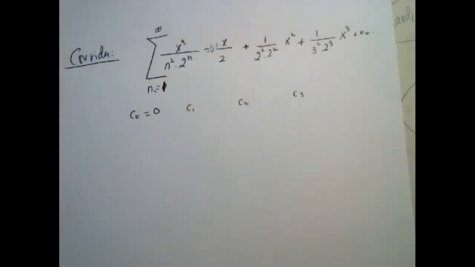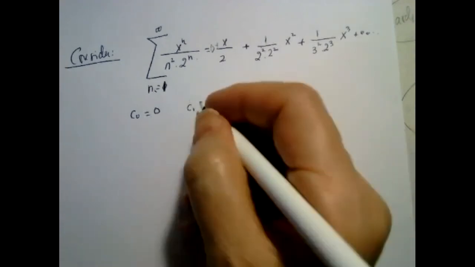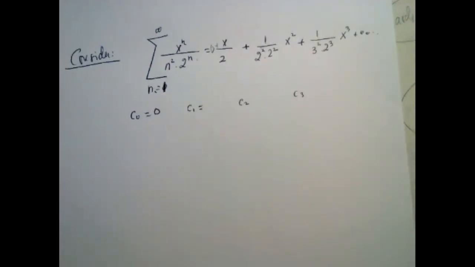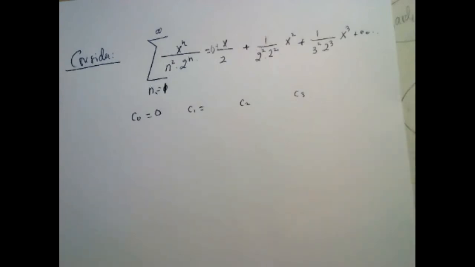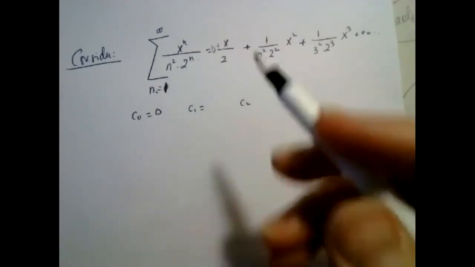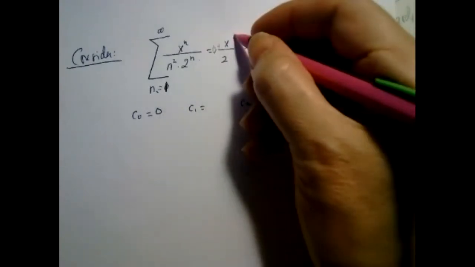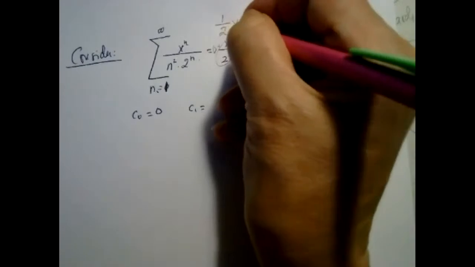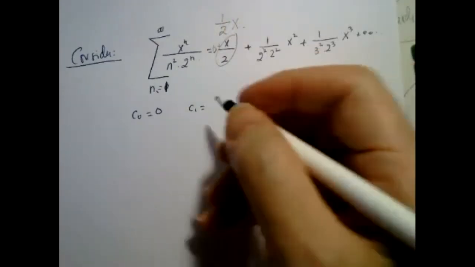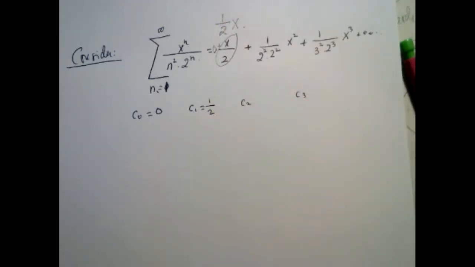What is C1? C1 is the coefficient of x. It means what x is multiplied by. If this is x over 2, x is multiplied by a half.